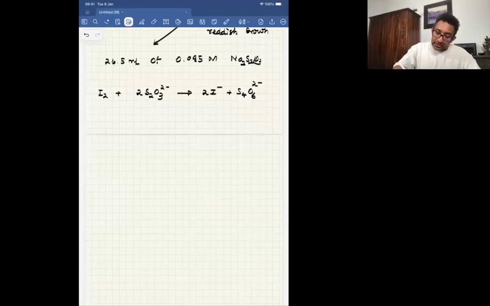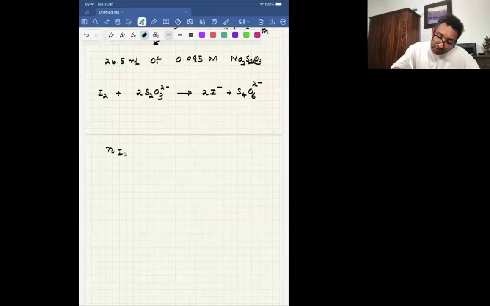What is the molarity of the iodine solution? So you say the ratio of moles of iodine to moles of thiosulfate, S2O3 2 minus, is 1 to 2. Iodine is 1, sodium thiosulfate is 2. So the number of moles of iodine is the number of moles of thiosulfate divided by 2.